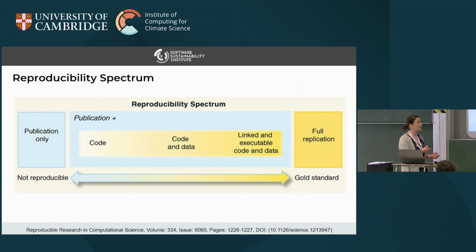The next big step is code plus data. And finally, the gold standard of reproducibility is to publish not just the code and the data, but a fully linked and executable version of the tools that you've used. Then someone can pick it up, rerun it, and understand what you've done.